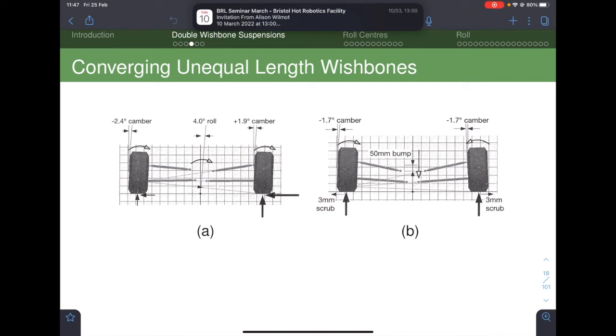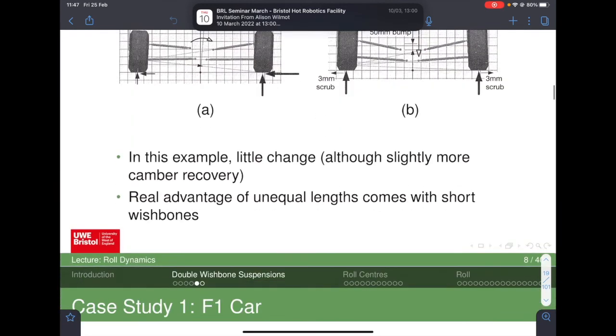Okay, basically you've got a parallel setup. Okay, so yeah. In this example, little change, okay, so very similar to the unequal length, to the converging thing, but slightly more camber recovery.